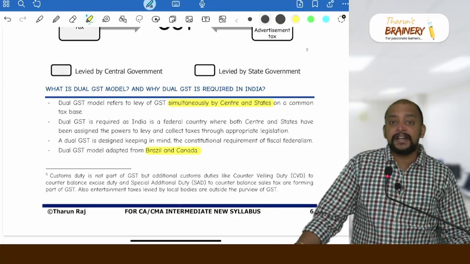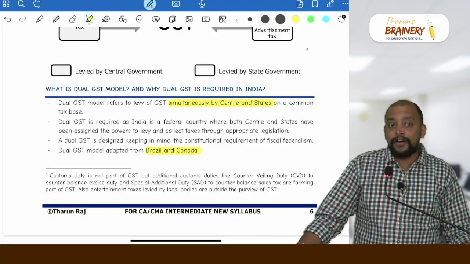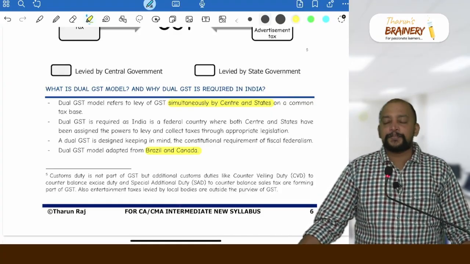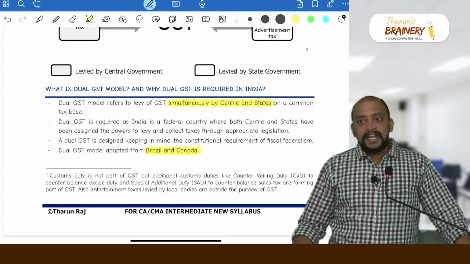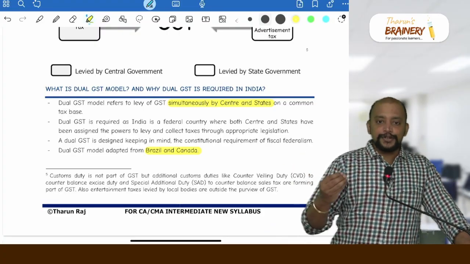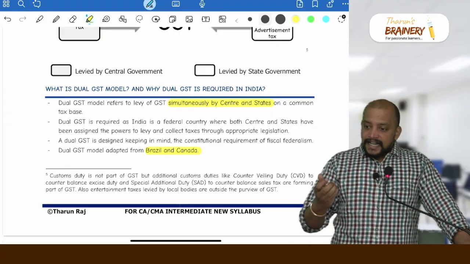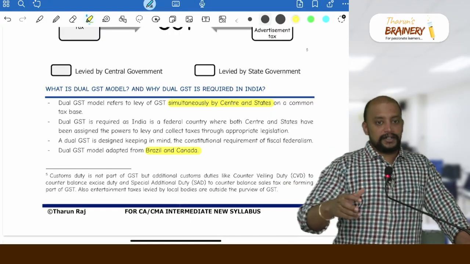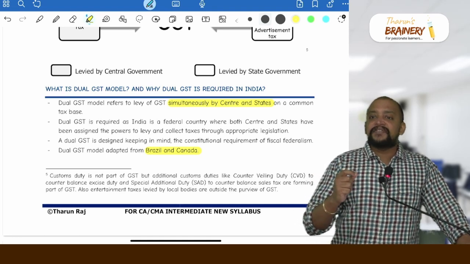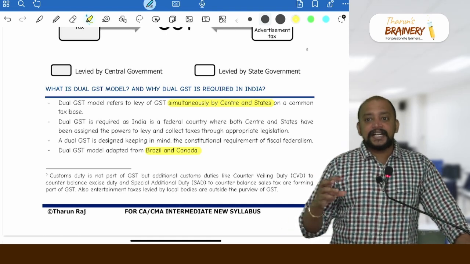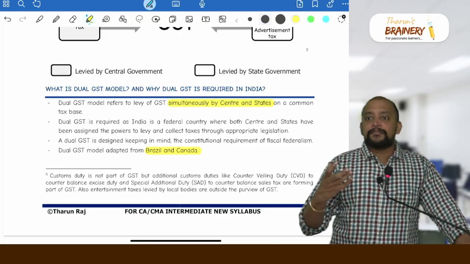First product that we have seen, alcoholic liquor for human consumption. Along with alcoholic liquor for human consumption, they have given some more goods also, which are required to manufacture alcohol, called rectified spirits. Rectified spirits are used in manufacture of alcohol.